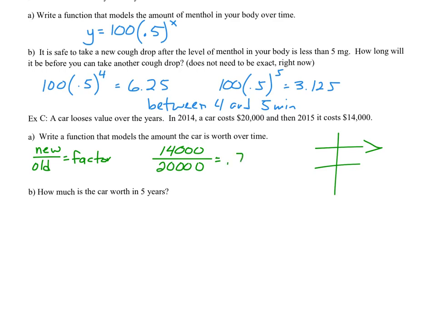So 0.7 is my decay factor, which means that it lost 30% over that year, right? 0.7 plus 0.3 gives you 1. So we've got y equals 20,000 times 0.7 to the x. And you can always check yourself. If you do 20,000 times 0.7 to the first power, it should give you the 14,000.